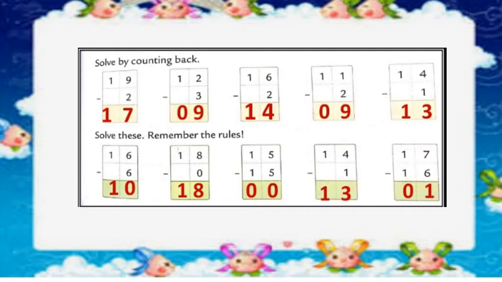Write the next sum. 12 minus 3. Make sure that you write number 3 at the ones place.